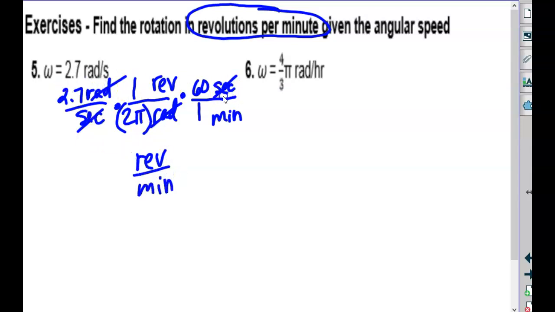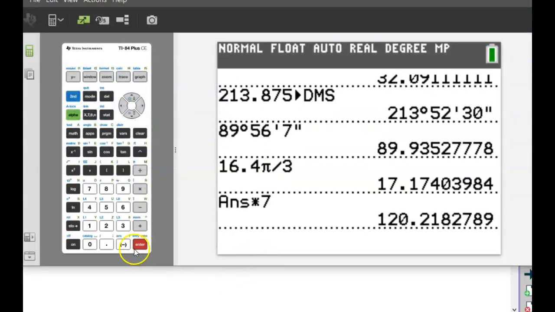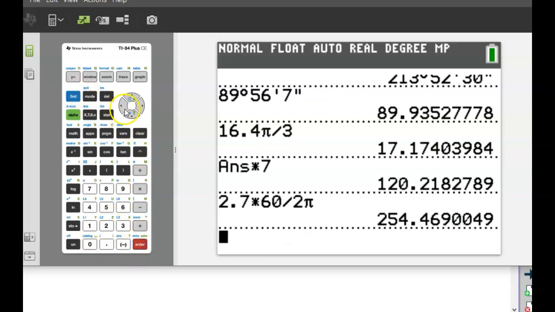Now, I have to multiply everything on the top and divide by everything on the bottom. So really, I have 2.7 times 60, and then it's divided by the only thing down there, a 2 pi. 2.7 times 60 divided by, now if I don't put parentheses, I don't get the same answer.